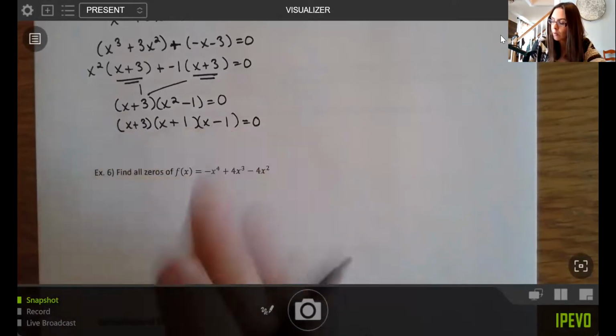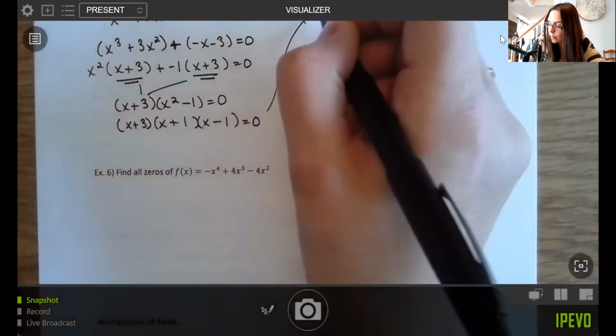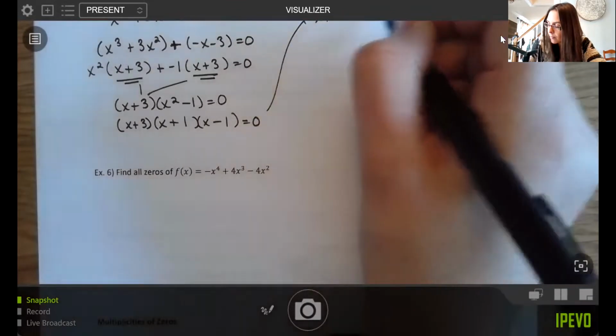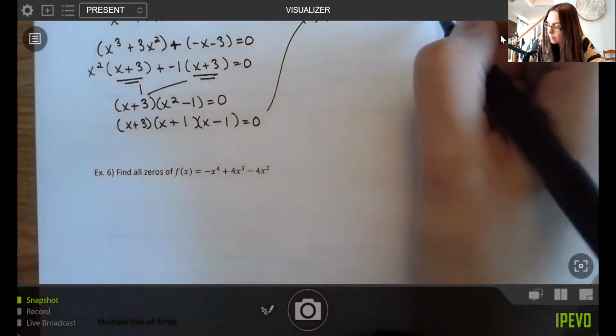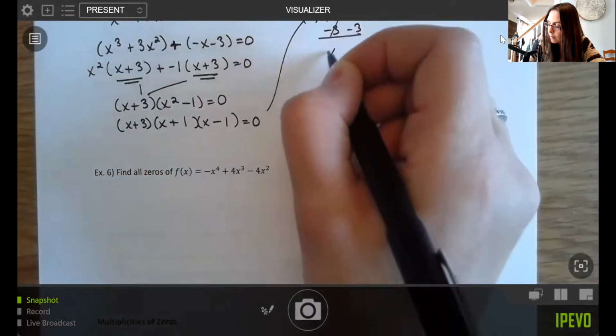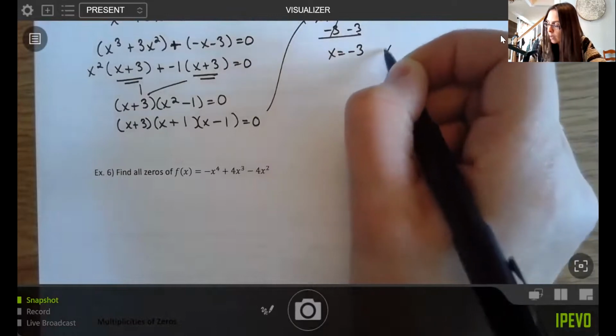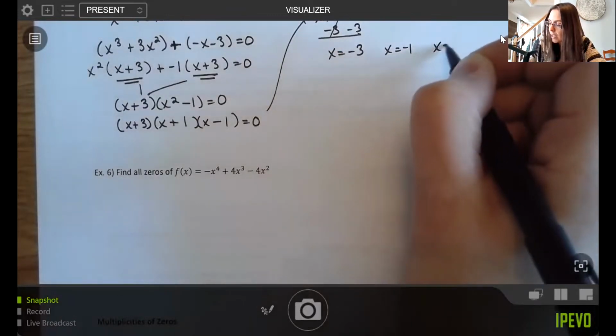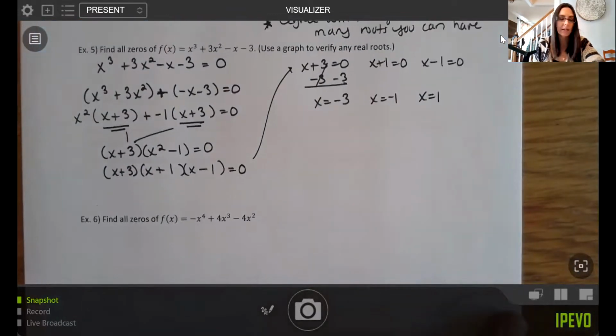Once we're done here, we can set each factor equal to 0 and solve. Here we're subtracting 3. Here you're subtracting 1, and here you would add 1. And I can see I have 3 solutions there.